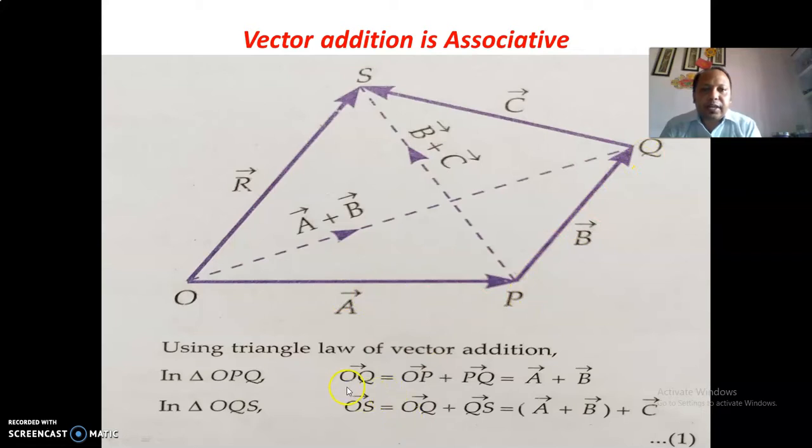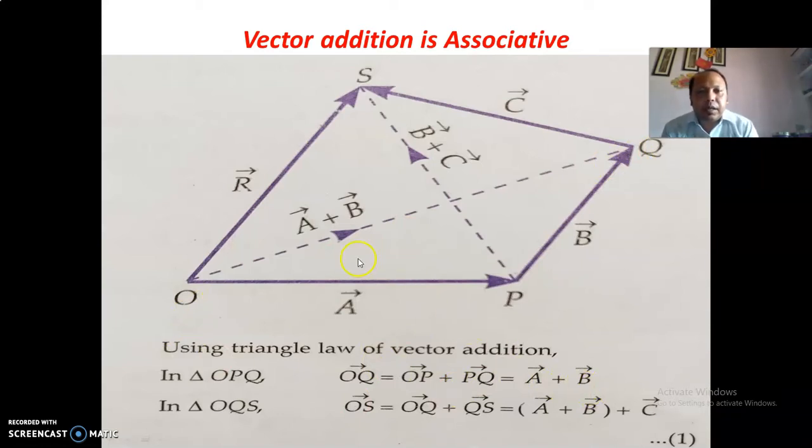So we have written here vector OQ, which is the resultant of vector OP plus vector PQ. They are taken in the same order, so it is vector A plus vector B. So this vector OQ is given by vector A plus vector B according to the triangle law of vector addition.